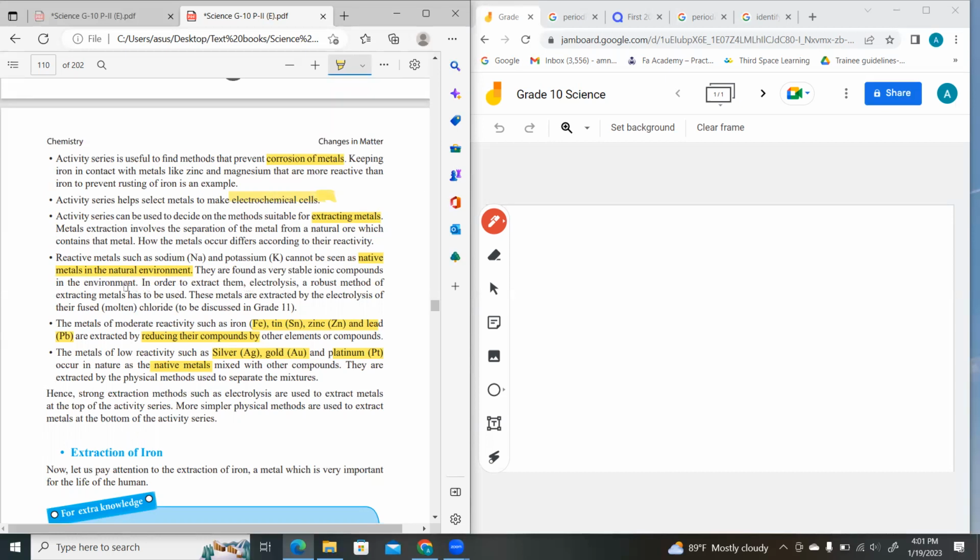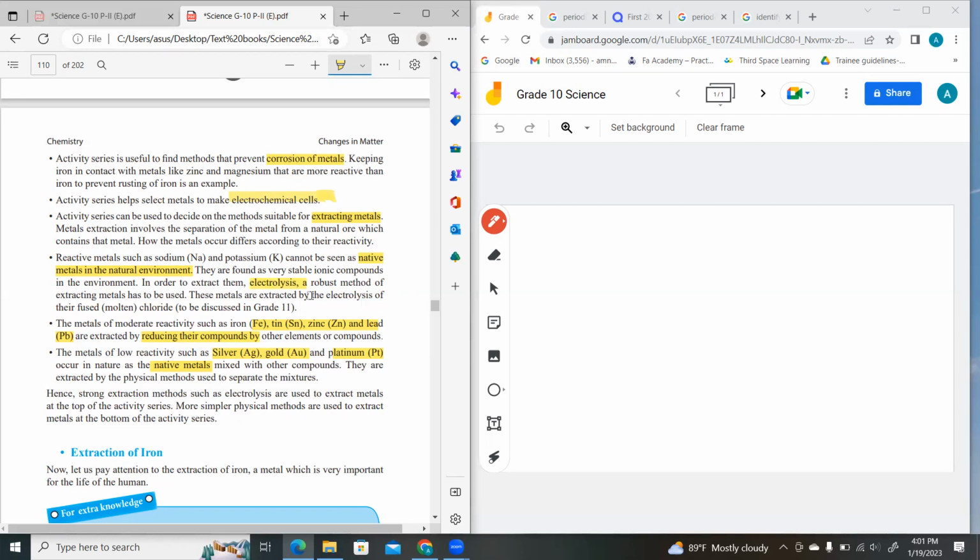So for that, we have to use electrolysis. That means we give current and then separate it. Or there are other methods that we have to use to separate it. Electrolysis means we have to use a current to separate it.